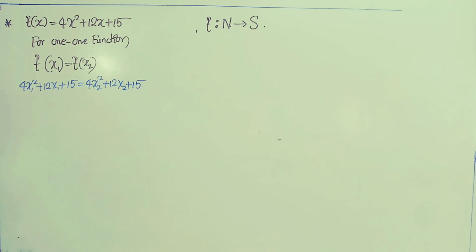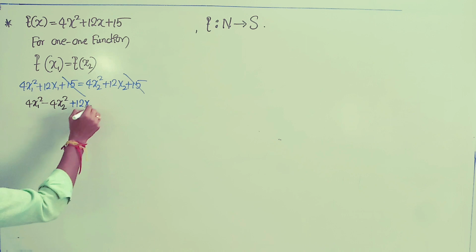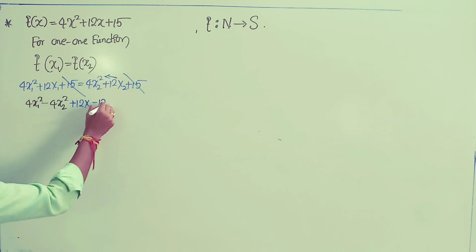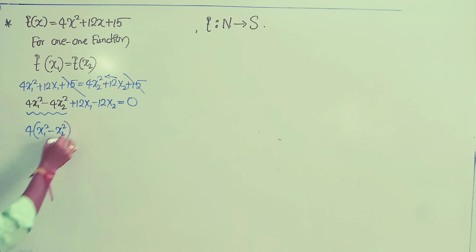Is it clear? After this, 15 will be cancelled. It will be 4x1 square minus 4x2 square, plus 12x1 minus 12x2 is equal to 0. In the first two terms, I need to take 4 as common: x1 square minus x2 square.